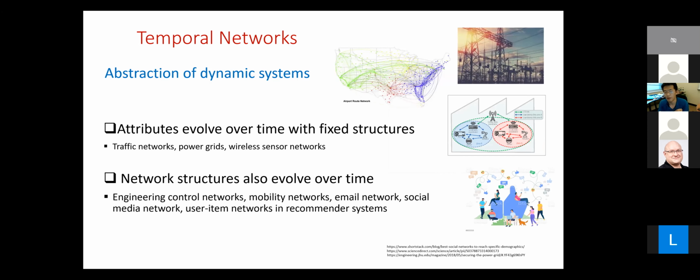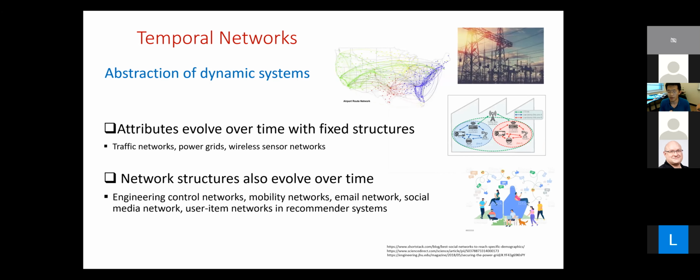According to different definitions, temporal networks can typically be grouped into two categories. The first is where the network structure does not change, and only the node attributes or edge attributes change over time, for example traffic networks or power grids.